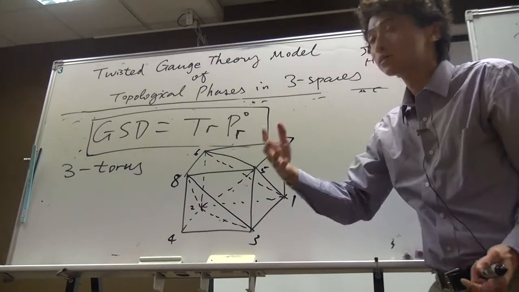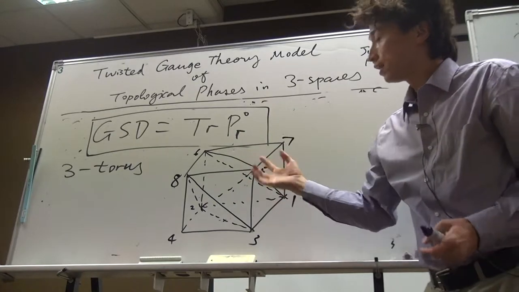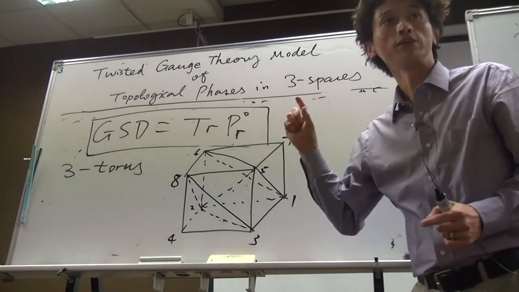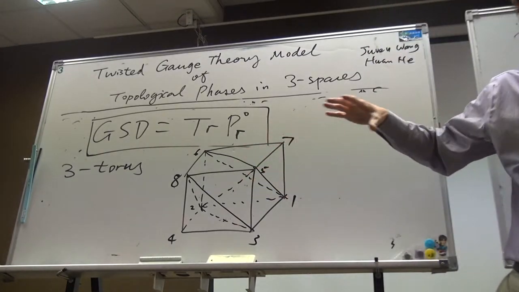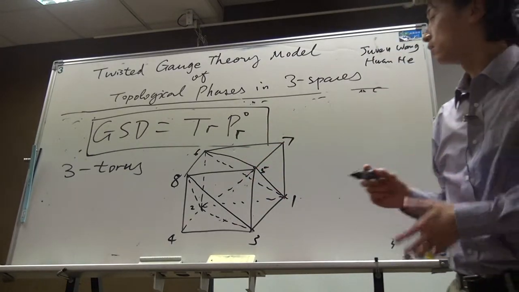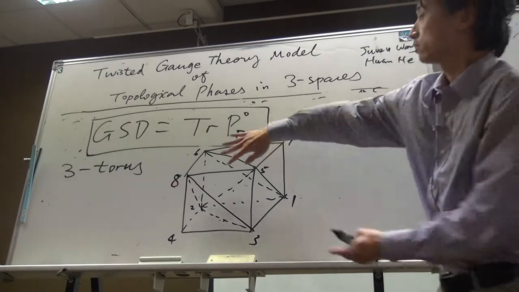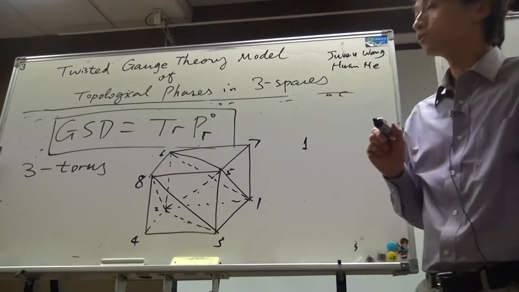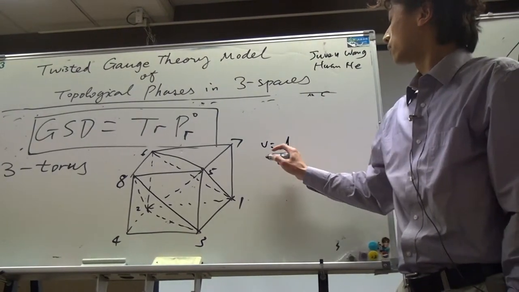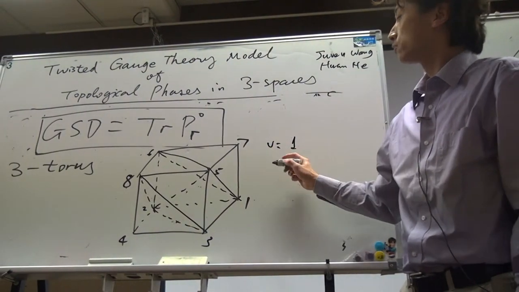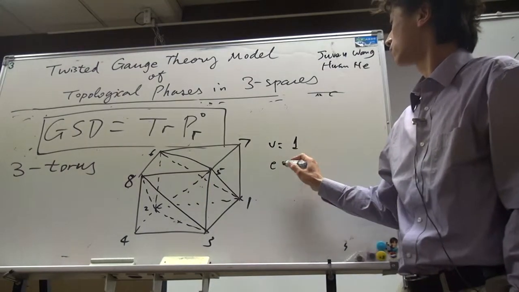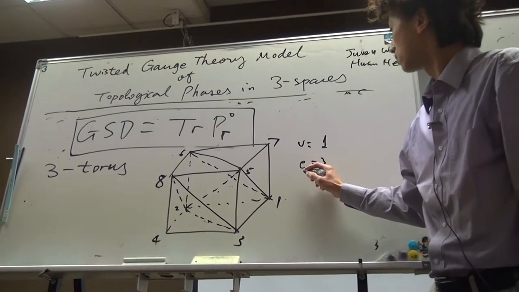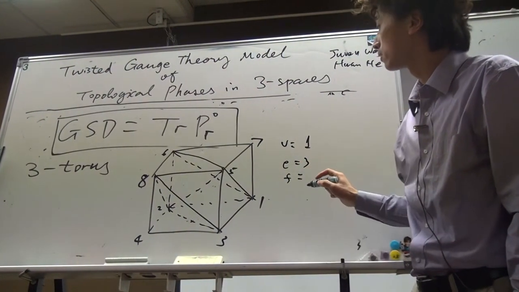And you can easily tell, as an exercise if you like, how many vertices, edges, and face triangles there are in this triangulation of a 3 torus. There will be just a single vertex, because after the identification, all the vertices are identified. And then there will be just 3 edges. So the number of edges is 3. And the number of faces is this 3.